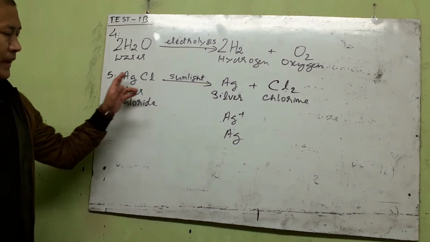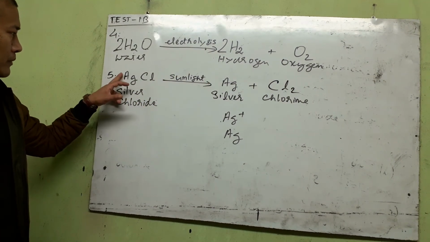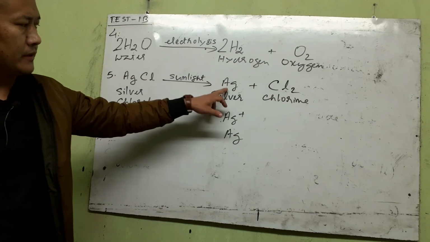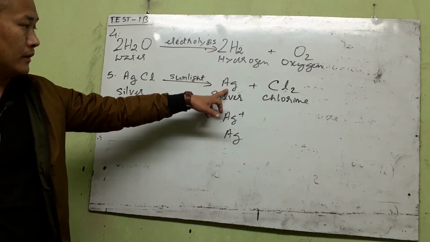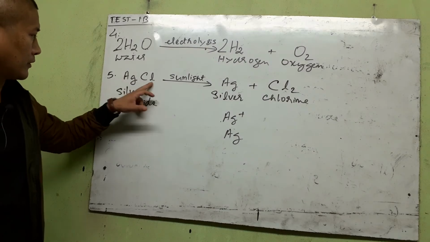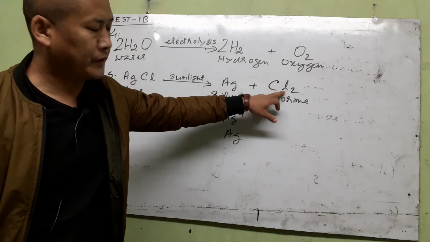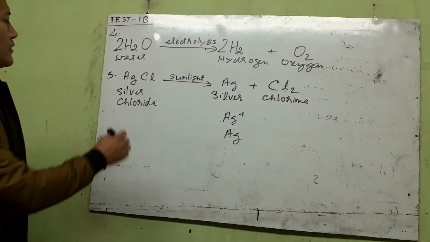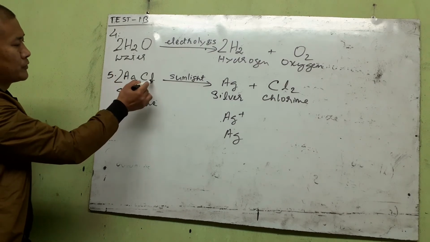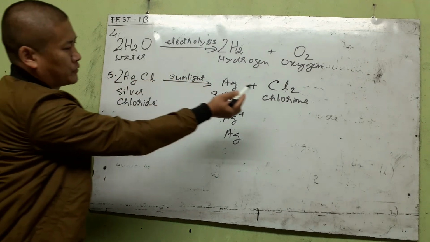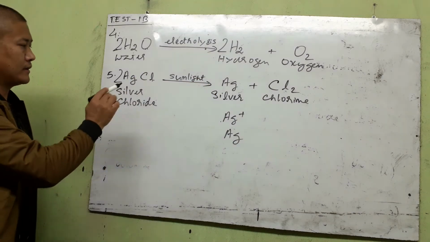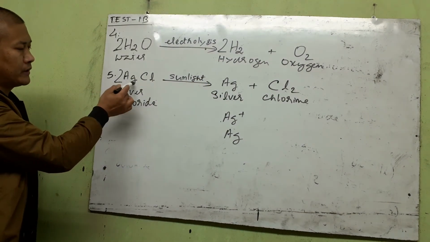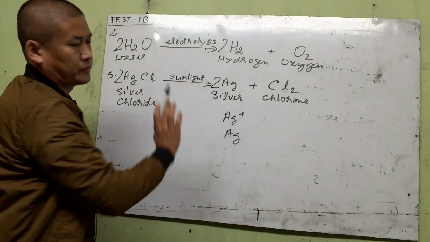So our next job is to balance the skeletal equation. 1 Ag on the left side, 1 silver atom on the right side. Balanced so far. 1 chlorine atom on the left side, but 2 chlorine atoms on the right. So we balance the lower one to 2. 2 1s are 2 chlorine atoms. So now 2 chlorine atoms balanced on both sides. But the moment we do that, silver has increased to 2, so we put here 2.